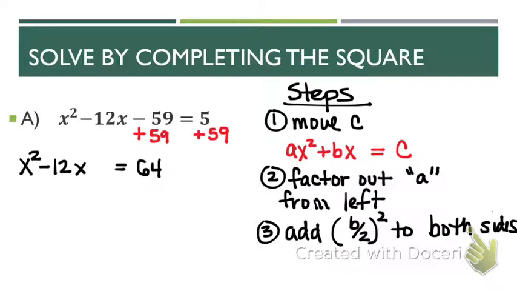So what is b? What is my b? So divide that by 2. What do you get? What's half of negative 12? It's negative 6. And what's negative 6 squared? Positive or negative 36? Positive. It should always be positive. When you square any number, it's positive. So you need to add 36 to both sides. So let's do that.